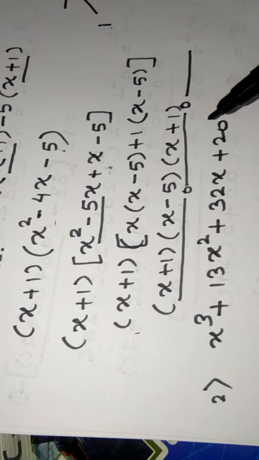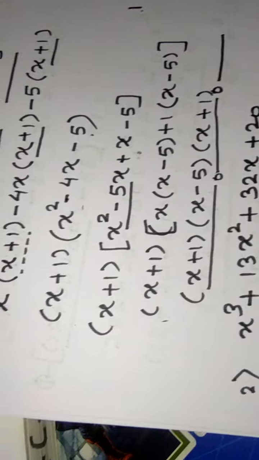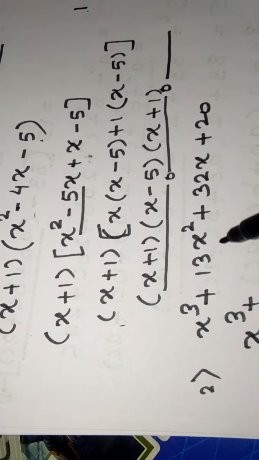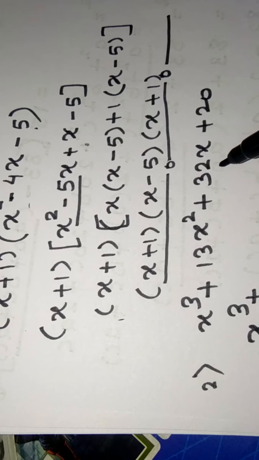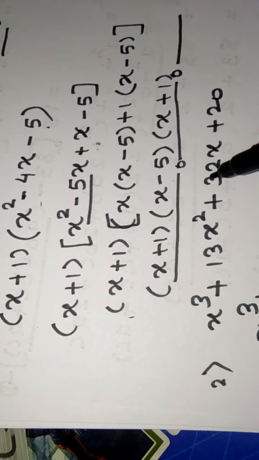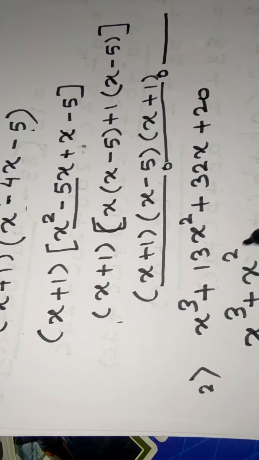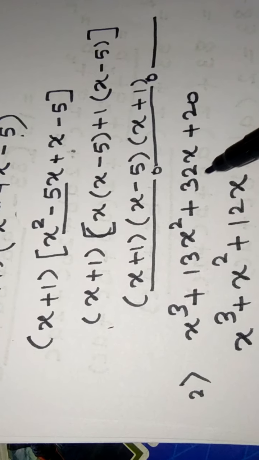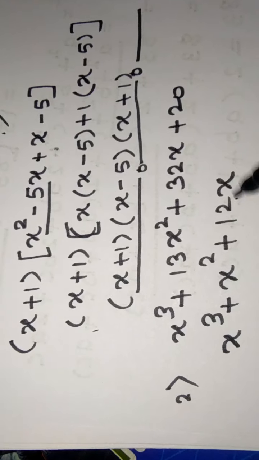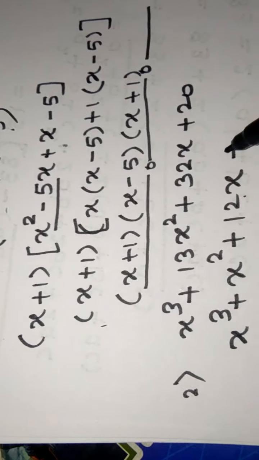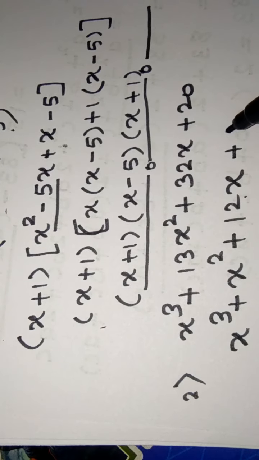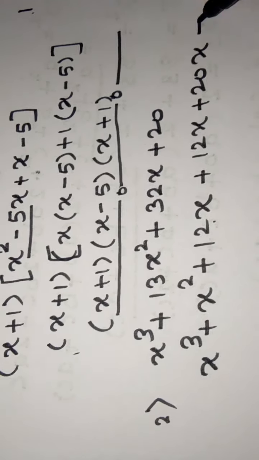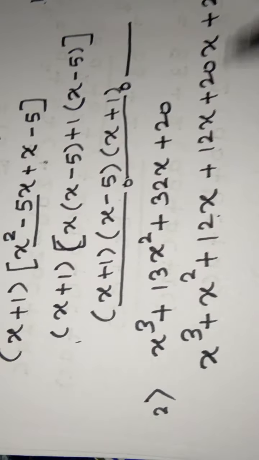Now again do the arrangement as before. We have x cube plus 13x square and here is 32x. Arrange 13x square as x square plus 12x square, and we know that 32 is the addition of 12 and 20. Therefore arrange 32x as 12x plus 20x plus 20.